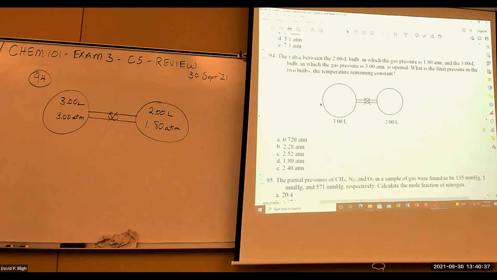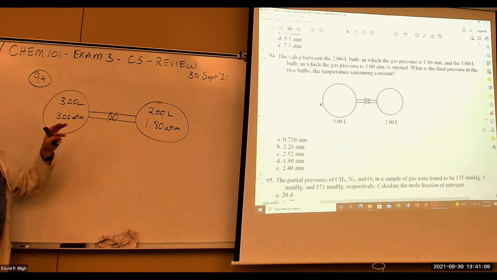So we can throw this one out immediately, and we can throw that one out. So it's either this one, that one, or that one. How do we solve this problem? We use 2 different laws, Boyle's law and Dalton's law of partial pressures. Here's how we do it.